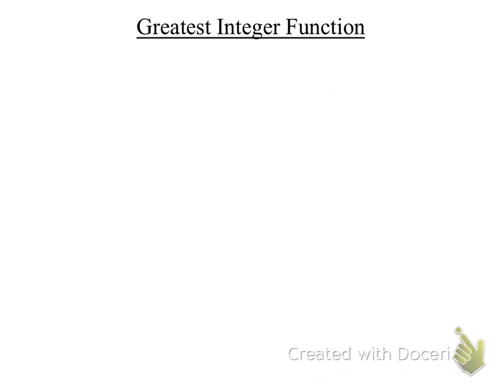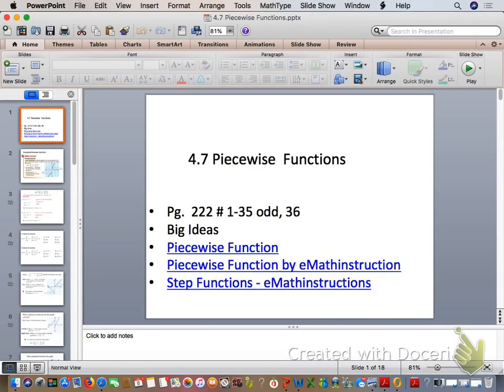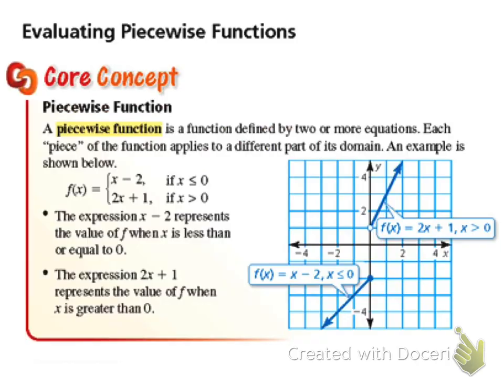Let's go to the actual book work. Greatest integer function. Okay, so in your book, tonight we're working out of, when we see this, this really is just talking about two equations. It's like saying f of x equals x minus 2 and f of x equals 2x plus 1. How do I know if I'm evaluating?